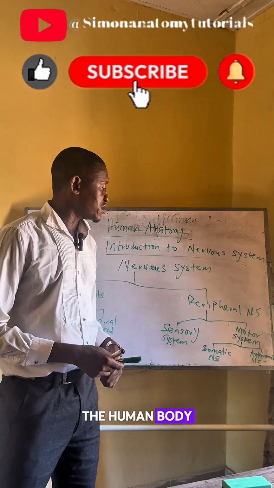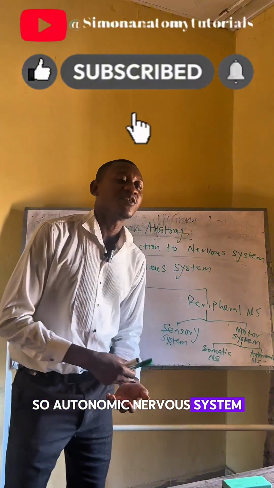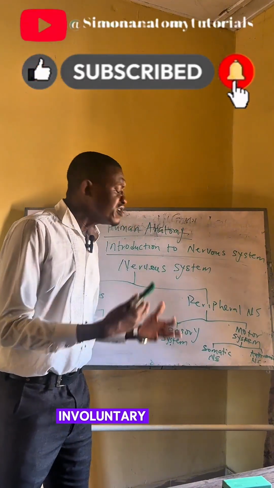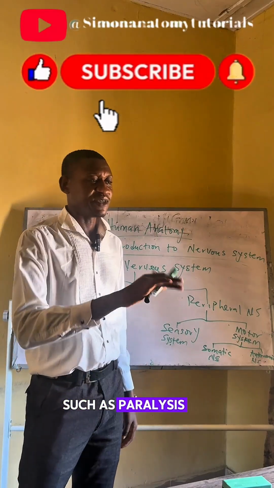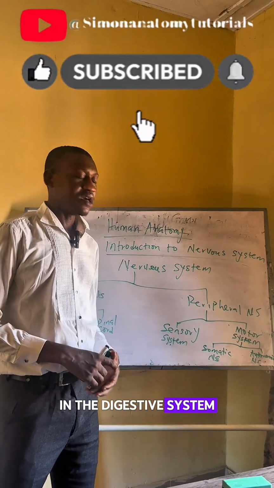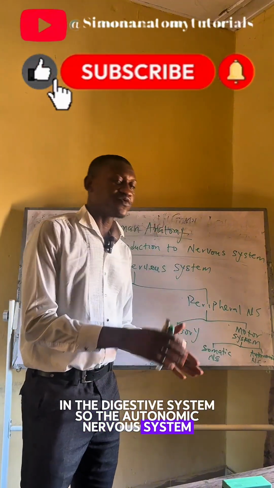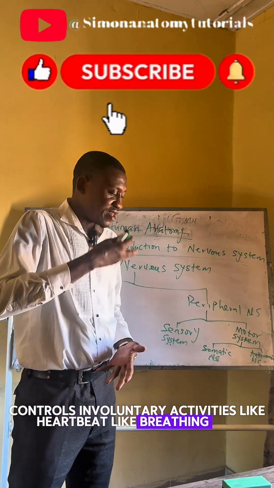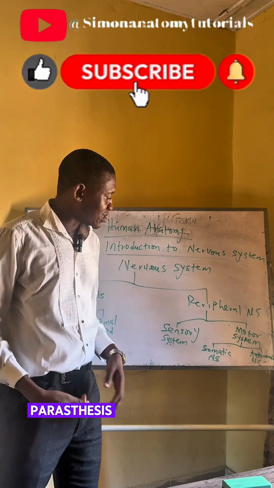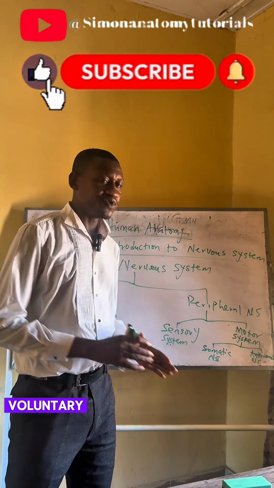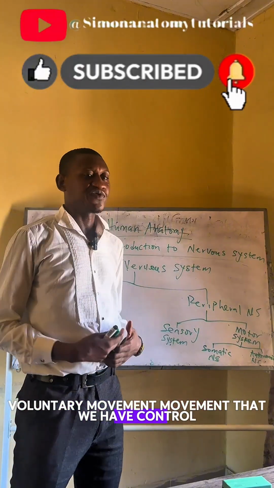So the autonomic nervous system controls processes such as the heartbeat, and involuntary activities such as peristalsis, the wave-like movement of food in the digestive system. So the autonomic nervous system controls involuntary activities like heartbeat, breathing, peristalsis, while the somatic nervous system controls only voluntary movement that we have control over.